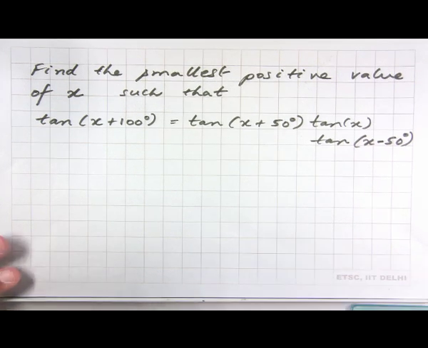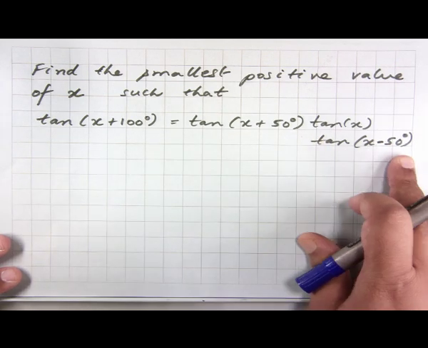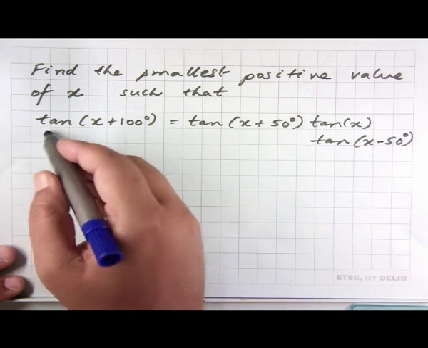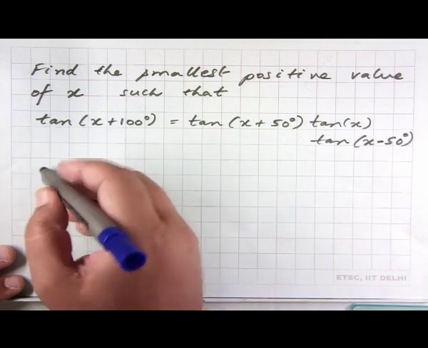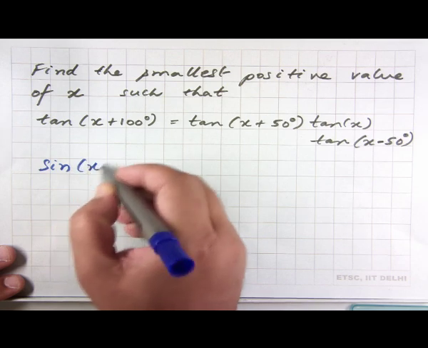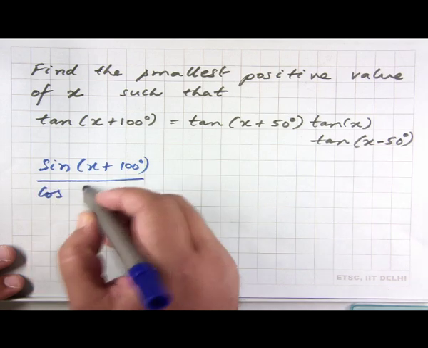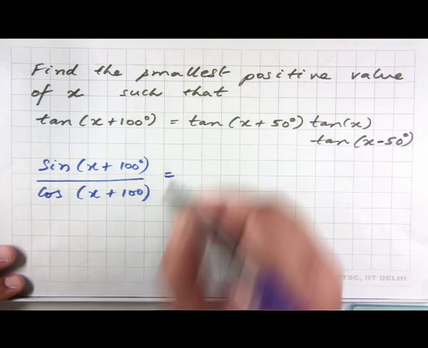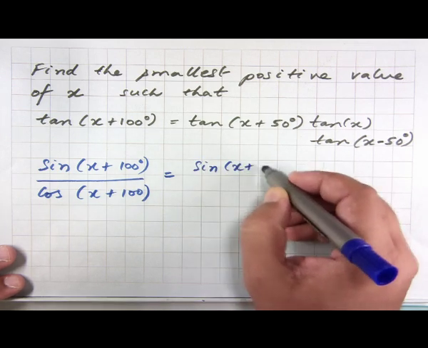So, in this problem we are asked to find the smallest positive value of x such that this trigonometric equation is satisfied. So, as again we write tan x as sin x by cos x, and therefore, this becomes sin of x plus 100 degrees upon cos of x plus 100 is equal to sin of x plus 50.